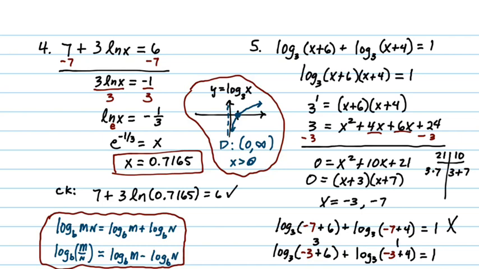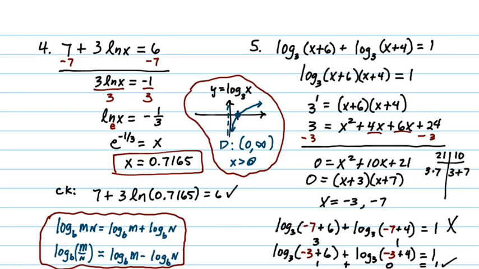In this case, it's the exponent you put on a base of 3 to get 3. That would be 1. On the other one, you have log base 3 of 1. So what exponent do you put on a base of 3 to get 1? Well, that would be 0. And so 1 plus 0 does equal 1, and so that does check. So our only, whoops, let me go back.